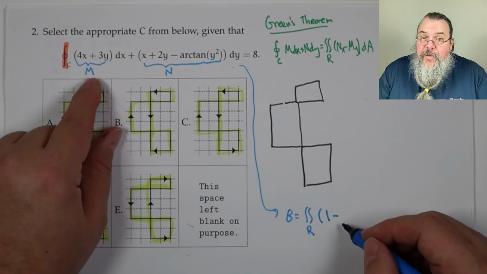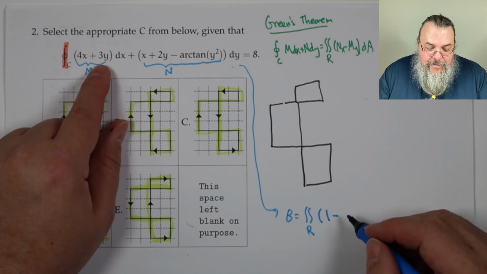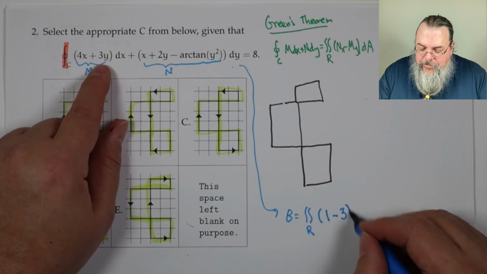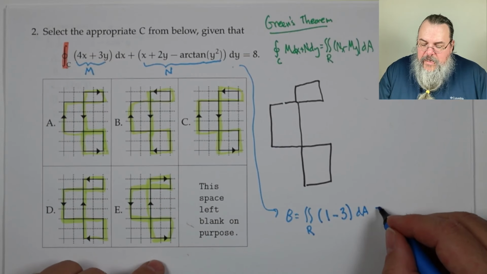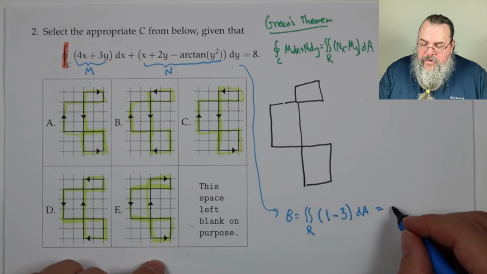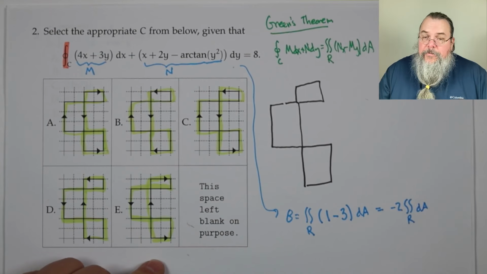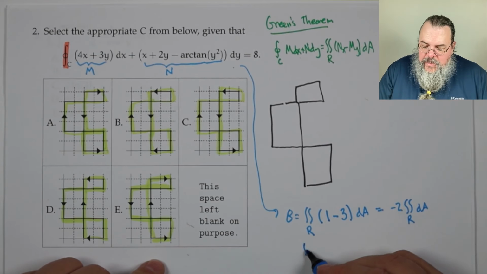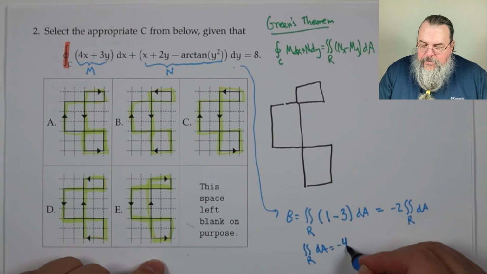Minus m sub y. Take the derivative with respect to y. Well, that would be 3 dA. All right, well, that becomes equal to what? Well, negative 2 integral over our region dA. Or we need to have the integral over our region, dA, equals -4.